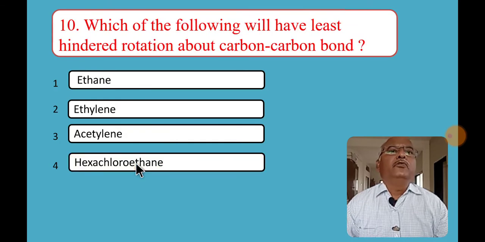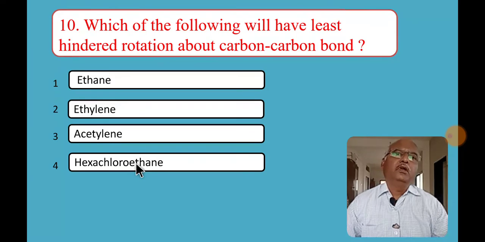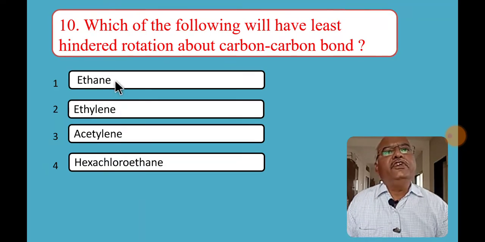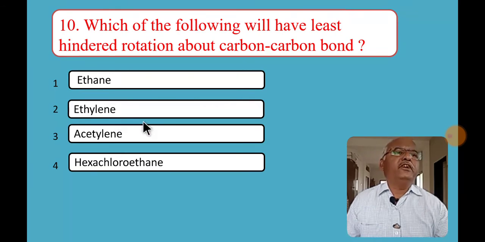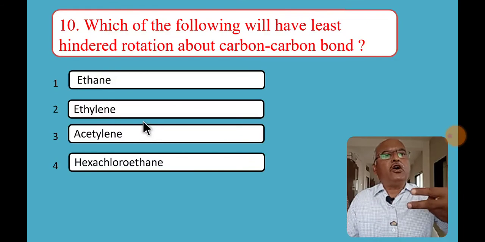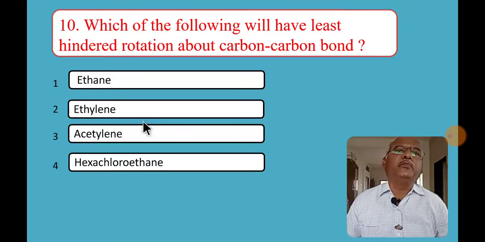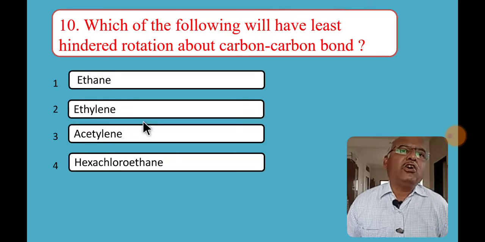Next, which of the following will have the least hindered rotation about the carbon-carbon bond? Try to understand. Read the options: ethane, ethylene, acetylene and hexachloroethane. Free rotation about a double bond or triple bond is not possible. Therefore, options number 2 and 3 are not correct.